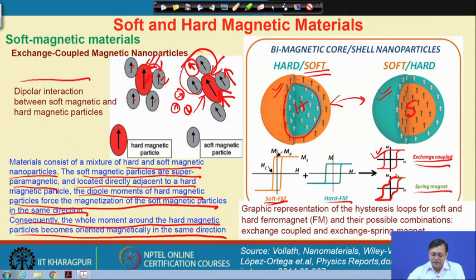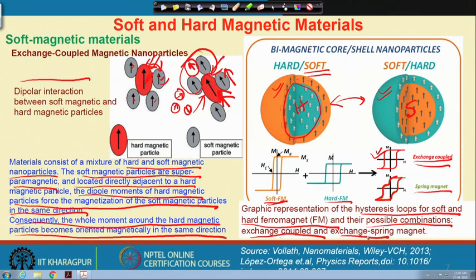And this is a graphical representation that I have shown you, that the hysteresis loop of a soft and hard ferromagnet with such a core shell microstructure could give us some interesting hysteresis loop with a possible combination with an exchange couple or exchange spring type of magnet.